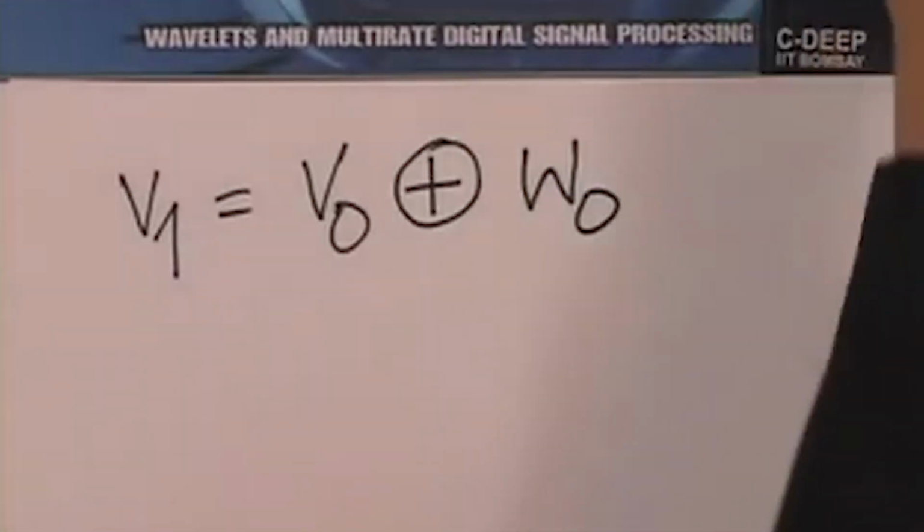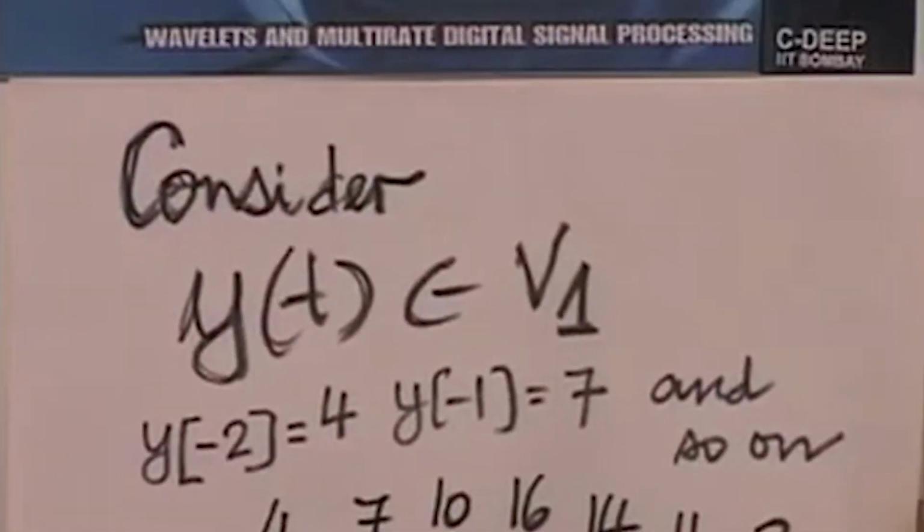So, for example, if we go back to this function which we were discussing a couple of minutes before, what we would now need to do is to take each standard unit interval. So, for example, the interval -1 to 0, and then the interval 0 to 1, 1 to 2, 2 to 3, and for each of them we need to put down how the projection on V0 would look and how the projection on W0 would look.